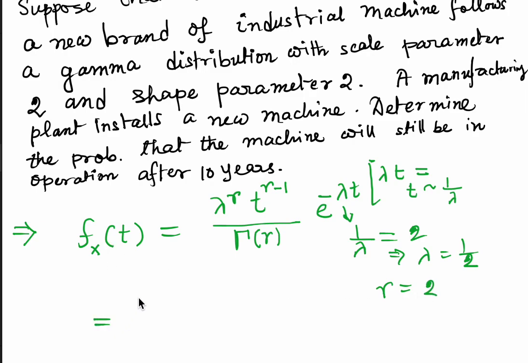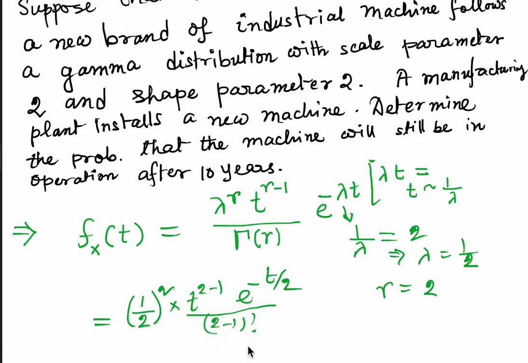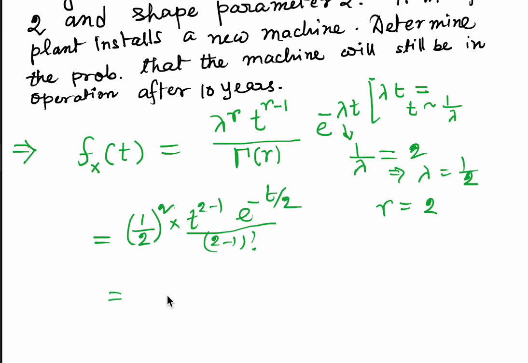Then the distribution will become lambda to the power r, that means half to the power 2, into t to the power 2 minus 1, e to the power minus t by 2, divided by 2 minus 1 factorial, which is 1/4 t e to the power minus t by 2.